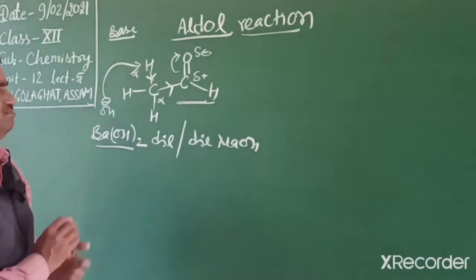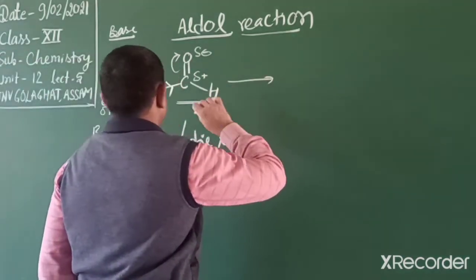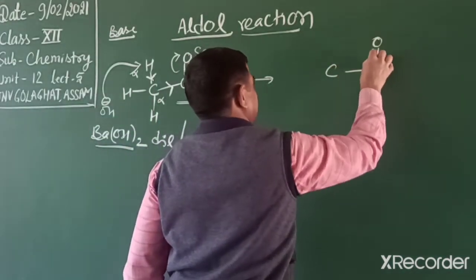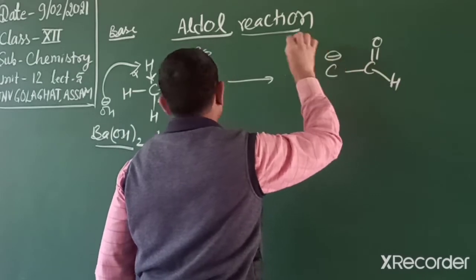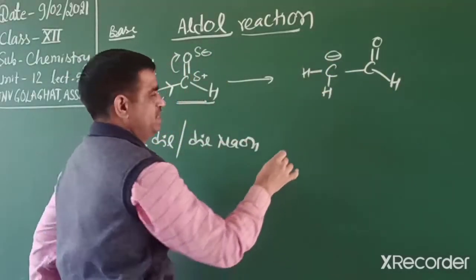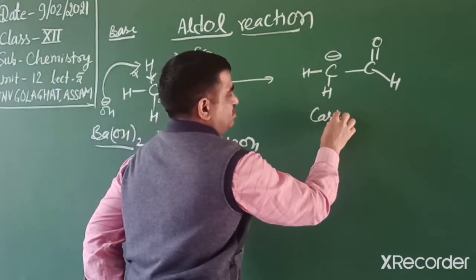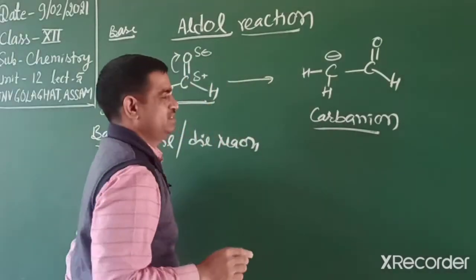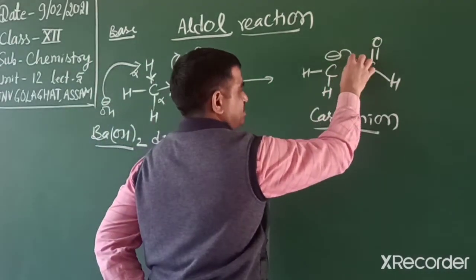In the first step, abstraction of a proton occurs, and this carbon gets a negative charge, meaning a carbanion formation. After that, there is resonance.